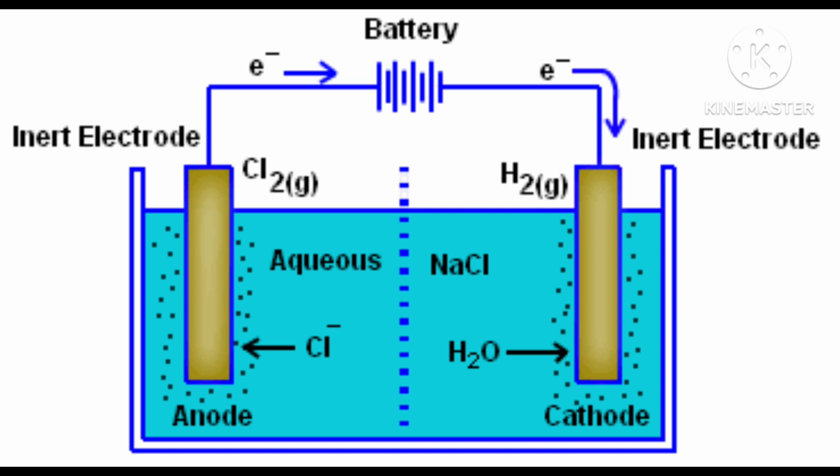For example, NaCl gives Na+ and Cl-, so Na+ will take the electron and convert into sodium metal on the cathode. In the second, if you have taken potassium chloride as electrolyte, you will get potassium on the cathode. In the third, if calcium chloride was there, calcium will deposit on the cathode.